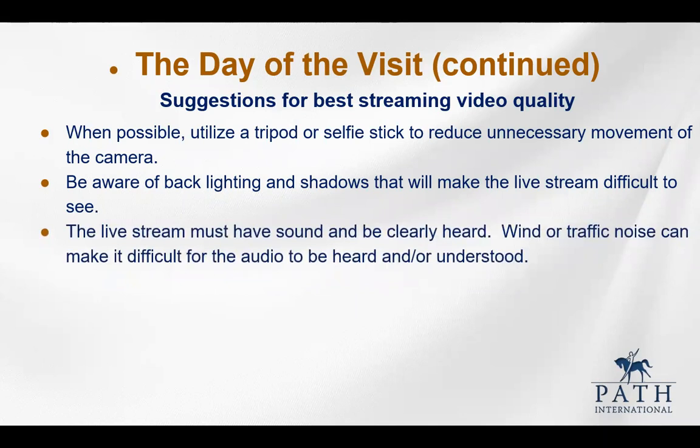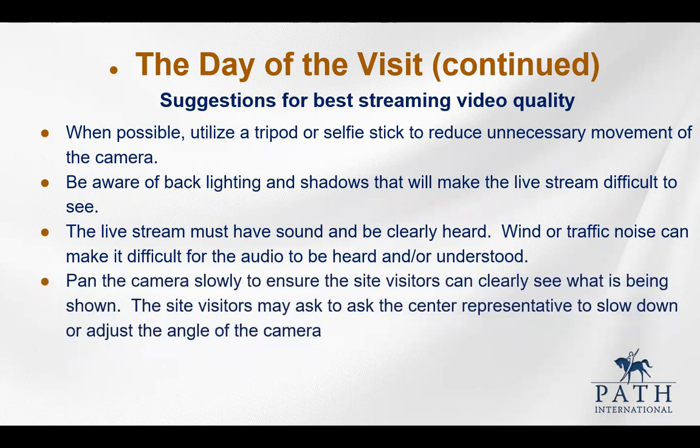Also be aware of wind, traffic noise, or other background noise that might make it difficult for the audio to be heard or understood. Utilization of a microphone may help with this. Be sure to pan the camera slowly to ensure the site visitors can clearly see what is being shown. The site visitors may ask the center representative to slow down or adjust the angle of the camera or to pan in certain directions.